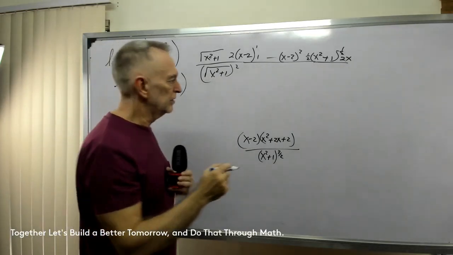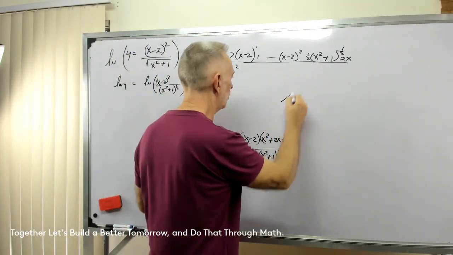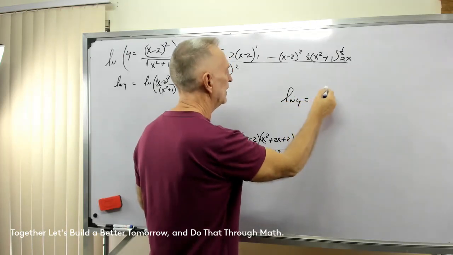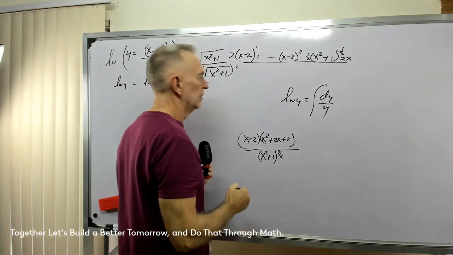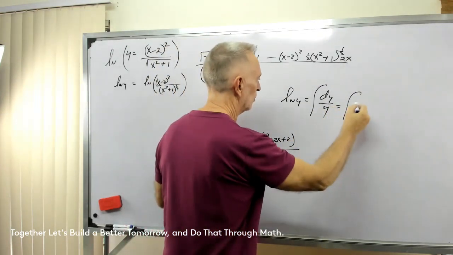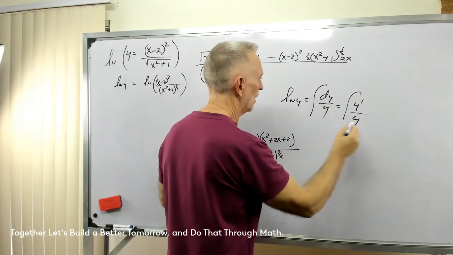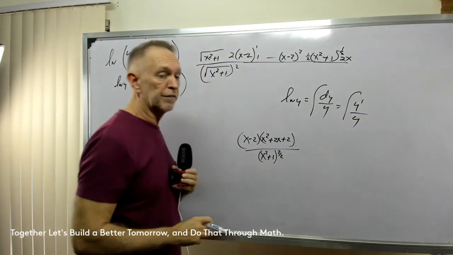Now before I continue, I should say the natural log of y is the integral of dy over y, which would be the integral of y prime over y. It's the integral of the derivative of a function over the function.